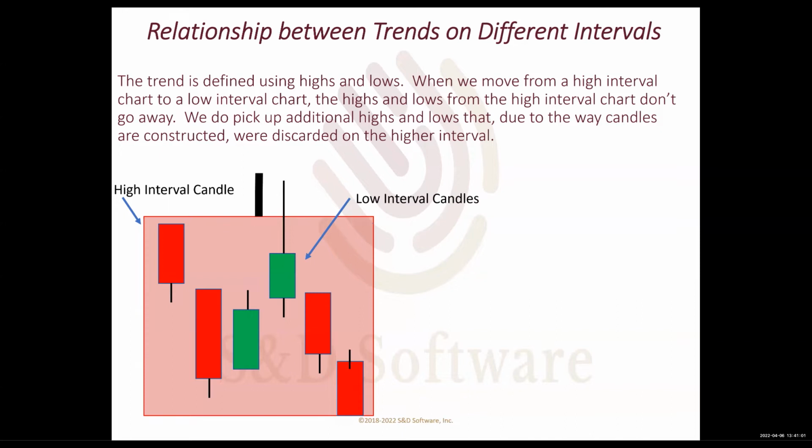So now when we go to a lower interval, we are reducing the size of our measurement period. And so the data that was contained in that higher time frame candle and was used to produce that higher time frame candle is now being divided up among multiple smaller candles. The measurement periods for those smaller candles are basically going to add up to the measurement period we used for a higher time frame to give us a higher candle.